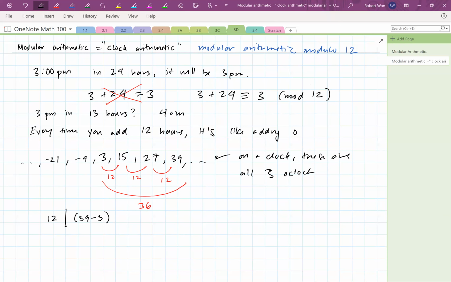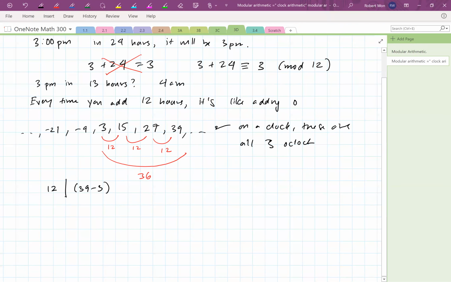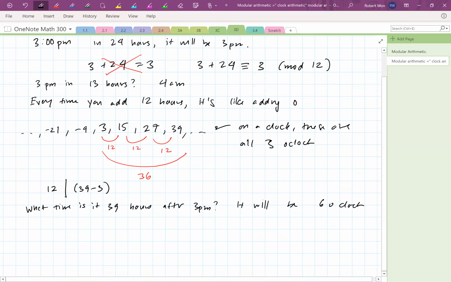So for example, if I asked you, what time is it going to be 39 hours after 3? Well, in 36 hours, it's going to be 3 again. So then we're going to add 3 to that. It'll be 6 a.m., I guess. But if I don't care about the a.m. or the p.m., the clock is going to point to 6.